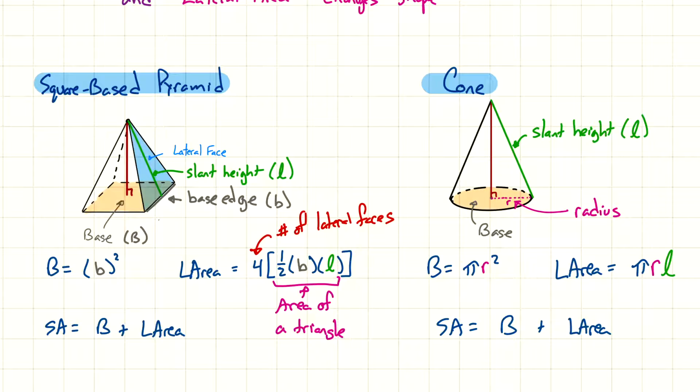And then the only other thing we need is the slant height. All right, not even the height of the cone. That's for volume, but when we're talking about surface area, we want to know this distance on the side. And so this measurement is called our slant height, just like it was called in the pyramid. And that's going to help us find the lateral area.